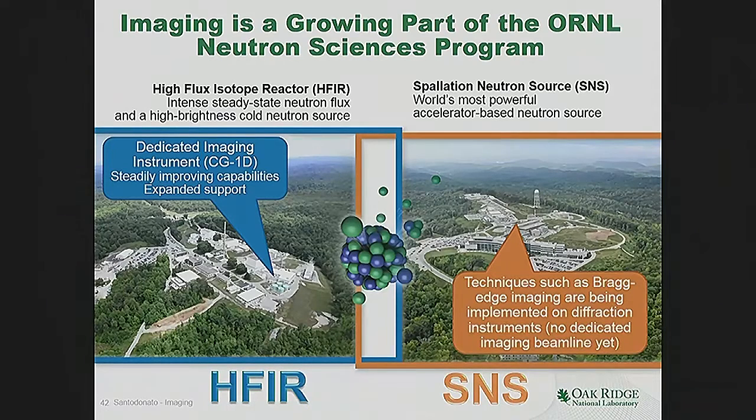So I'll just summarize here. Neutron imaging is growing, as we're expanding the capabilities of our instrument at the HIFER. We're out in the Cold Guide Hall, Cold Guide 1 at the HIFER, and there's lots of activity there. What about the SNS? Someday maybe we'll have a dedicated imaging beamline here, but we don't have to wait for that.